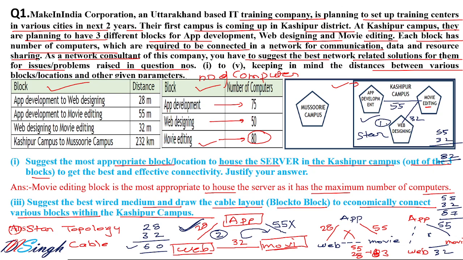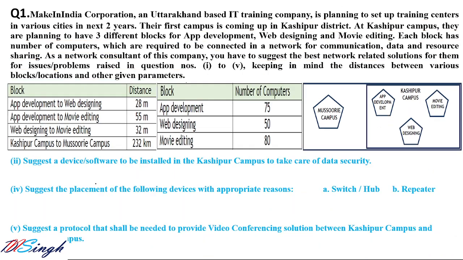Next question is: suggest the device or software to be installed at Kasipur campus to take care of data security. For that purpose, we will have to have a firewall, which will be a single choke point for all the data entering and going out of this network, where we can check this data, and it can be of a software type or hardware type.